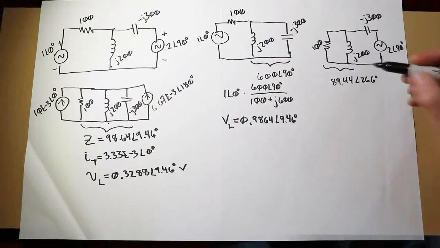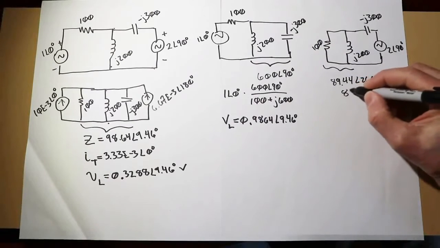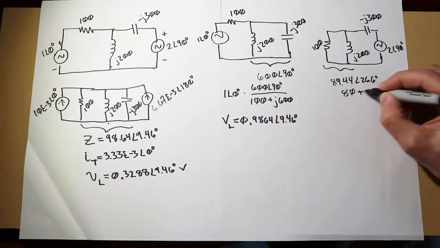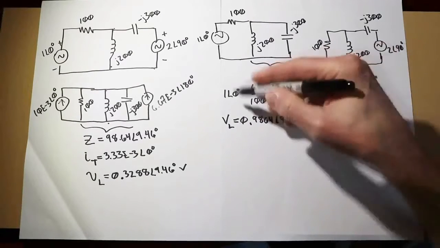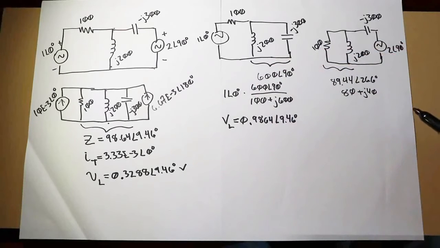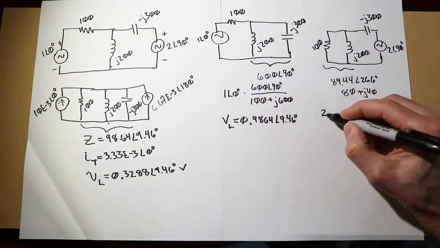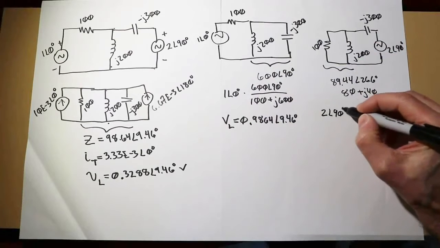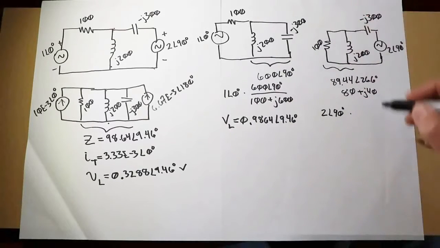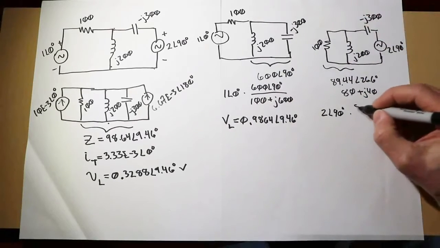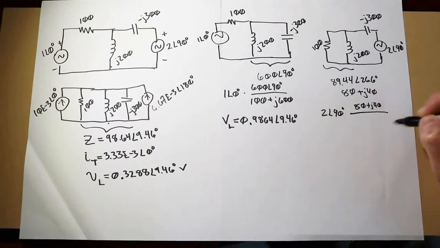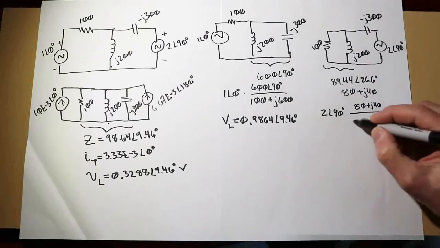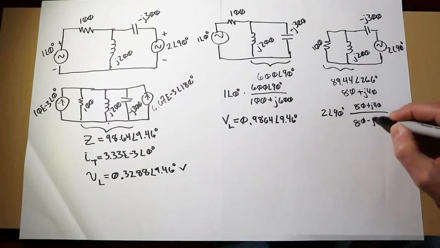This happens to be equal to 80 plus J40 if you do it in rectangular form, which would be handy when we do the voltage divider over here. So the voltage divider would basically say take 2 at an angle of 90 times the thing you're interested in, which is this, I'll write it as 80 plus J40, and then divided by that plus the minus J300, so that happens to be 80 minus J260.